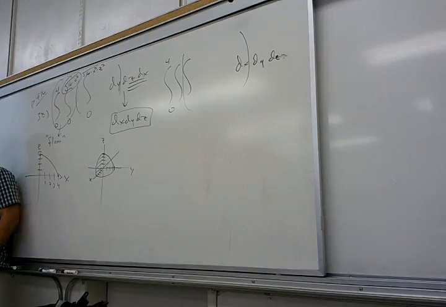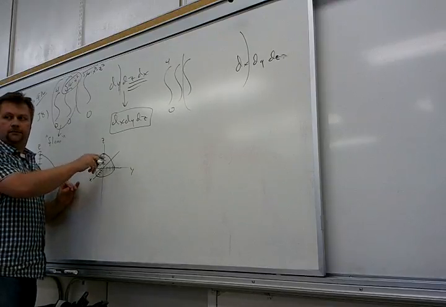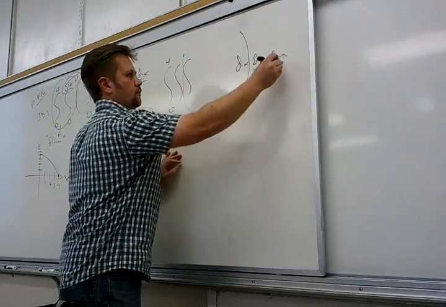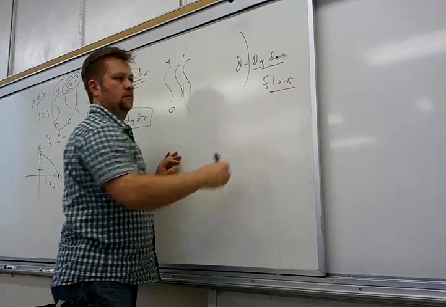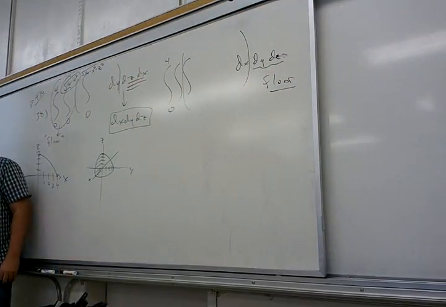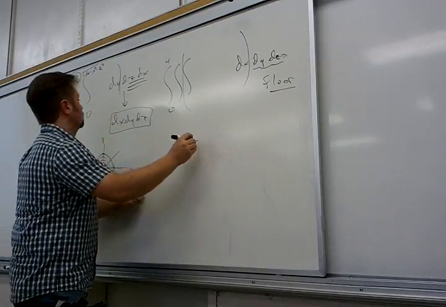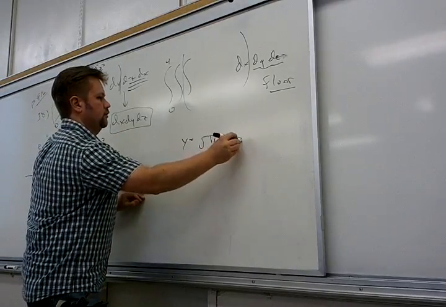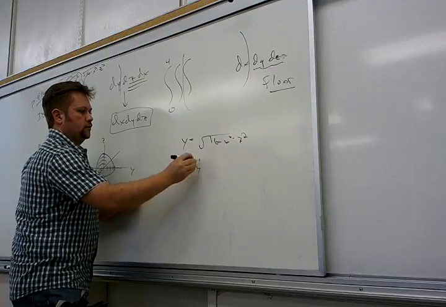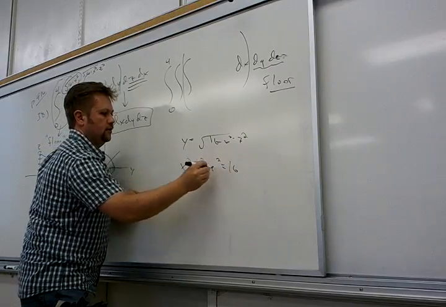I can't quite do 3D up here on the board. So if I'm looking at the YZ plane, I want the YZ plane to be my floor, going from 0 to 4, right? But the equation is right there, so we can use the same equation. So y is equal to the square root of 16 minus x squared minus z squared. So x squared plus y squared plus z squared equals 16, right?